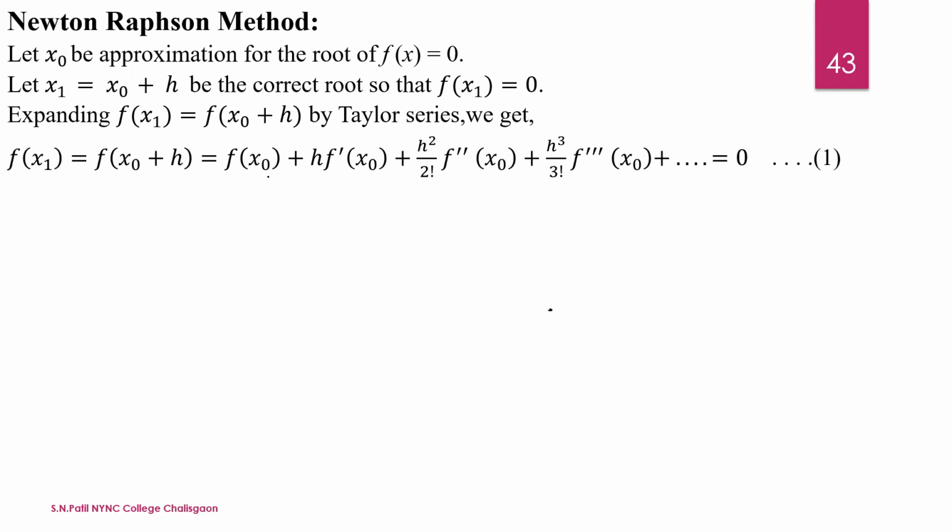It is f(x0) + h f'(x0) + h²/2! f''(x0) + h³/3! f'''(x0) + and so on, equal to 0. Now here h is a very small number, so the square of h, cube of h, are very, very small.